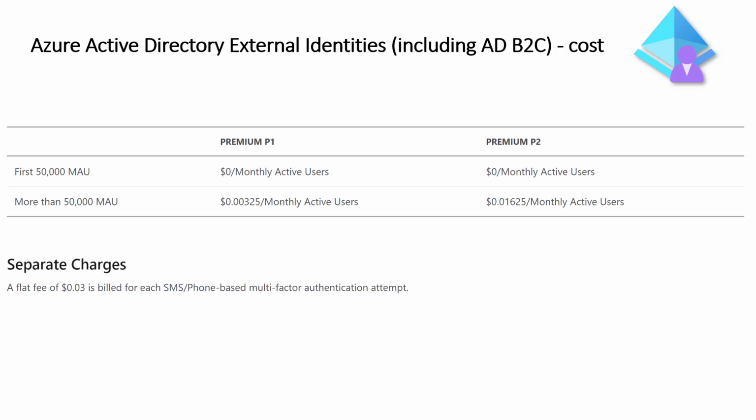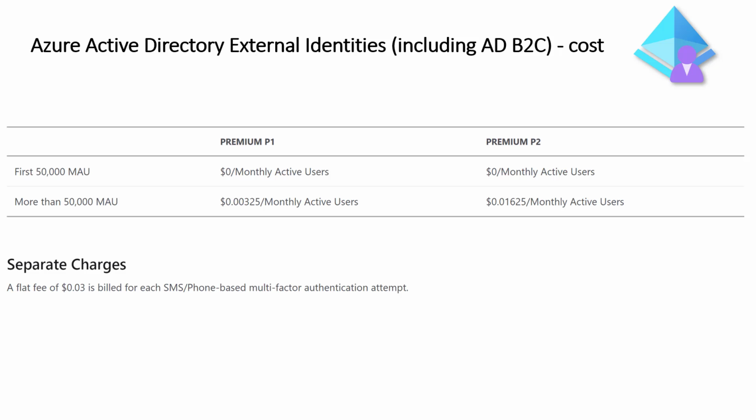For the first 50,000 monthly active users, so the users that authenticate in our applications, there is no cost related to that. And even if we use Premium P1 or Premium P2 license, there is no cost behind it. But above the 50,000 monthly active users, yes, there will be a cost related to using those services.